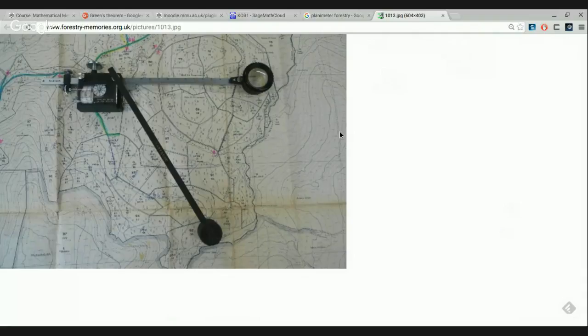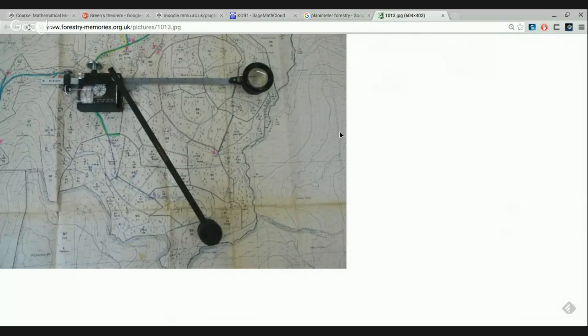Now, doing agriculture on flat ground is fairly easy. Most fields tend to be rectangular, so working out the areas of rectangular fields is a fairly straightforward business if it's plain flat ground. Of course, a lot of forestry in this country takes place in hillier regions, in the mountainous regions.